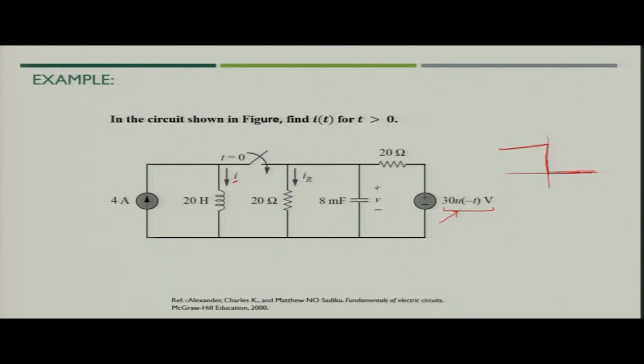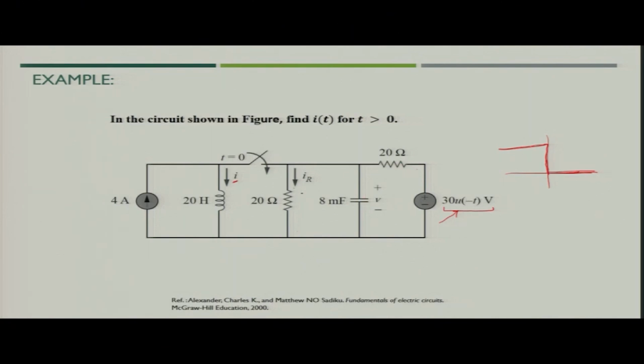So, the voltage across the capacitor will be the same as the voltage across the 20 ohm resistance. Now, at time t less than 0, the value of the voltage source is 30 volt and these two are in series because the current will flow in this direction. So, what will be the value of the voltage across the 20 ohm resistor which is in parallel with the capacitor?